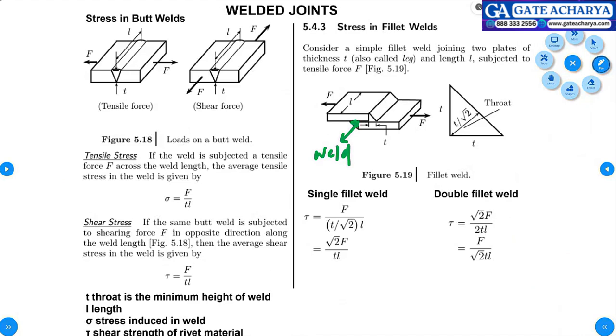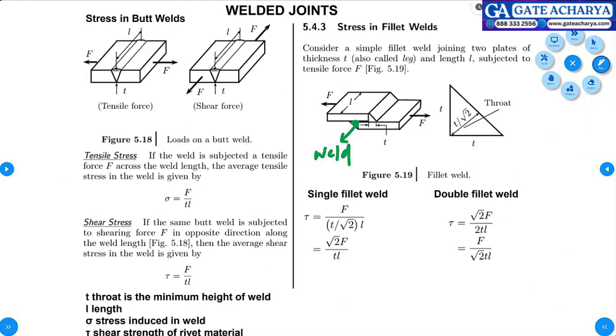So this L into this T. One dimension is L, perpendicular to the board. The other dimension is T by root 2. So if I draw a rectangle like this, that will be the minimum cross-sectional area, which will give you a maximum value of stress. Accordingly, we need to select a material and factor of safety. So sigma is equal to F by TL.